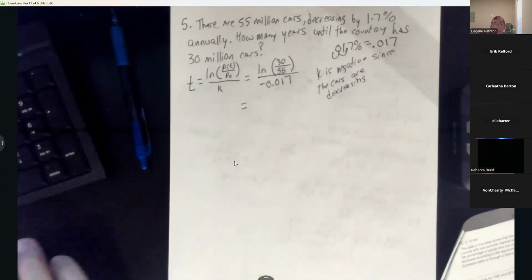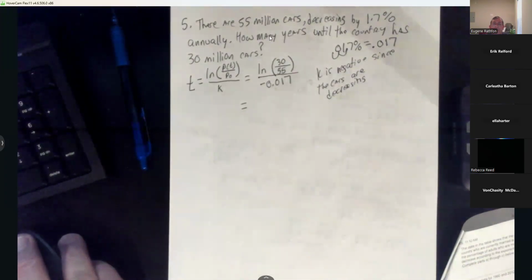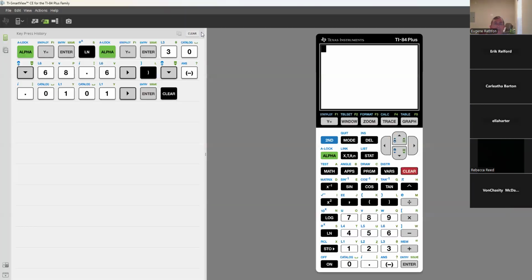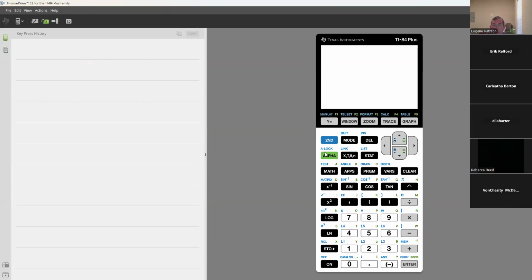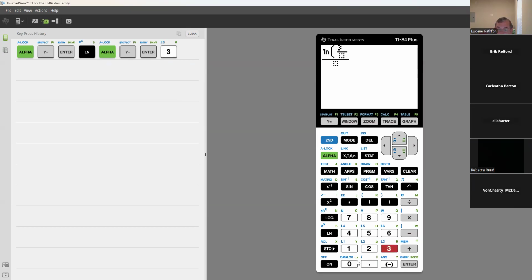Well, y'all, let's push that in and see what we get. I'm going to clear that out, and once again, I'm going to do the alpha y equals for my fraction, hit ln, and then alpha y equals and my fraction. It looks like top is 30.